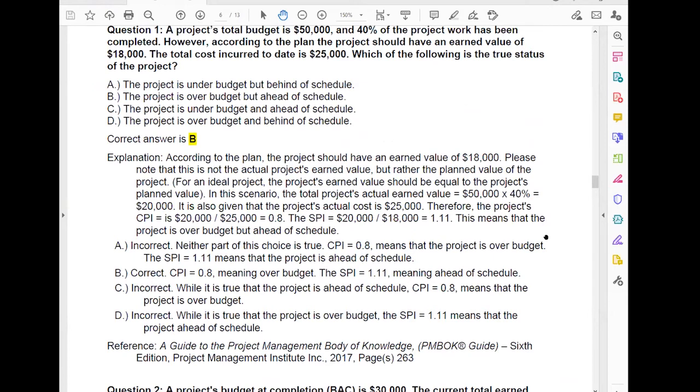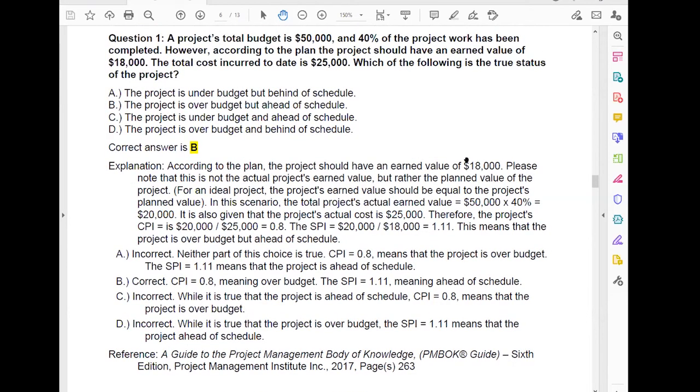Bakit may 20,000 dyan, sir? Kasi, actual earned value. 50 times 40%. Dahil sabi dito, 40% yung complete, which is 20,000, dahil yung total cost ng project is 50,000.